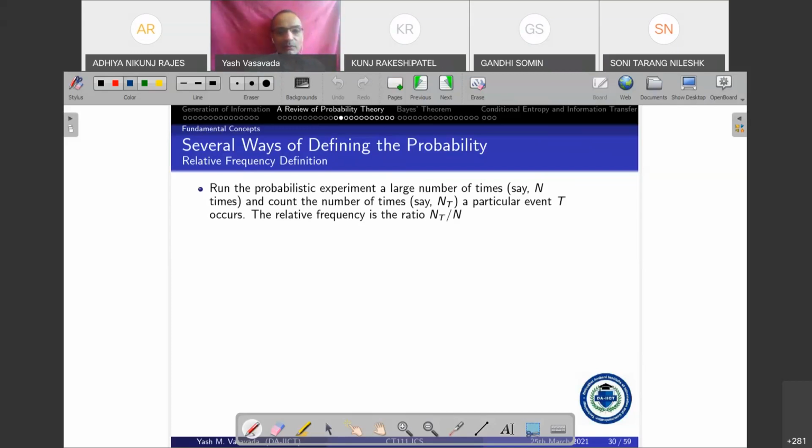And so you got around the problem that we were having on the previous slide. Basically, you compute this ratio n_E over n, and then you say that this ratio is going to be my probability. In the same way, suppose you want to measure the probability that the coin will come up as tails, then you toss the coin maybe 500,000 times, you count how many times it comes up as tails, and you divide that number by 500,000.